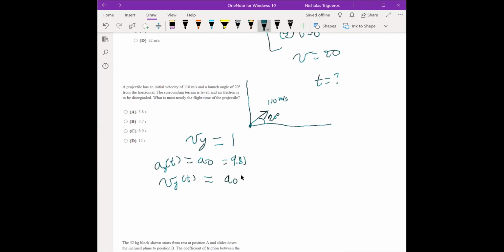So v y is going to be 110 sine of 20, but we have to add this term, don't we? Which is negative because we have a negative acceleration due to gravity.